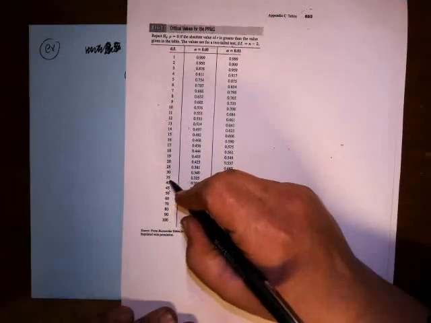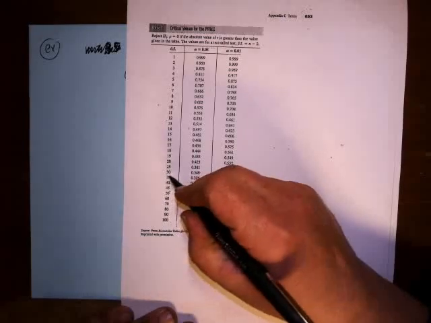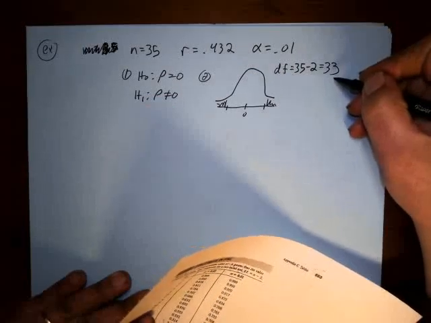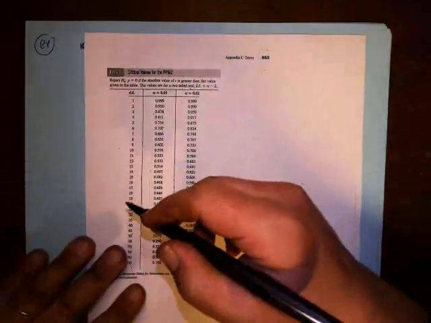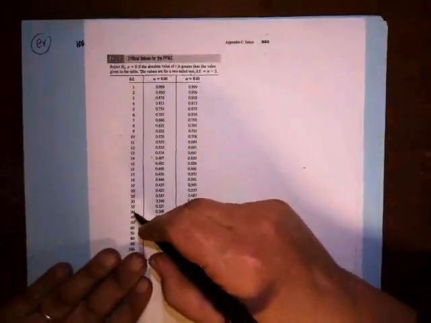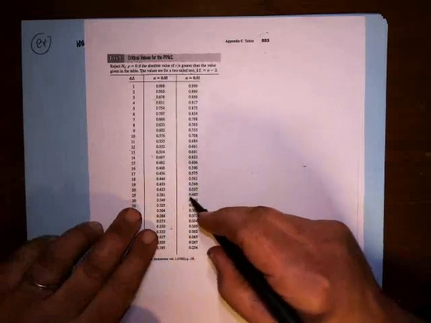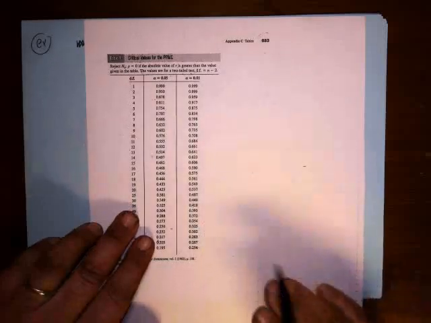Now 33 is closer to 35, but you're always going to pick the largest degree of freedom that's less than your actual degree of freedom. So for 33, I'm not going to go to 35, I'm going to go to 30, and then I'm going to go to 0.01 for my significance level. What I get here is 0.449.